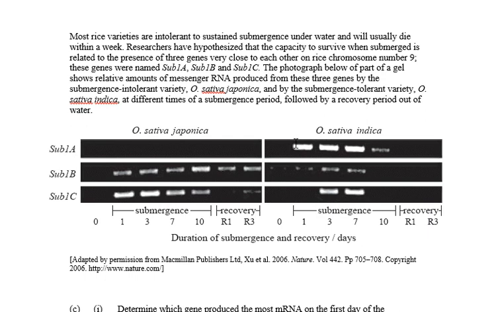Out of the 3 genes that's here, there is 1 gene which is only expressed in sativa indica, and that is sub1A. So it can be deduced from that information that sub1A is the gene that gives us submersion tolerance. Okay? Anyway, I'm going to finish this video here and I'll finish it off shortly.